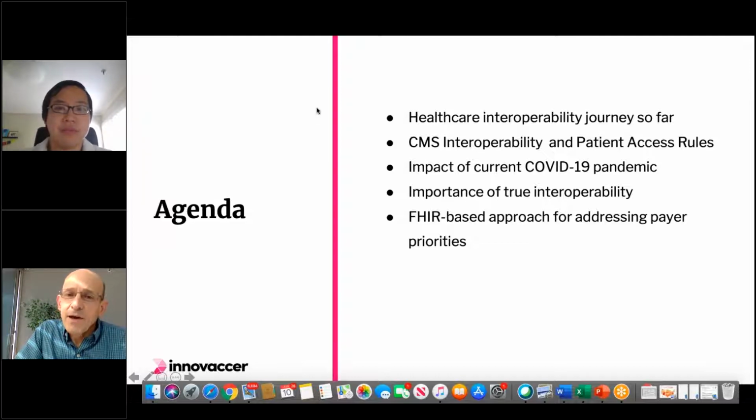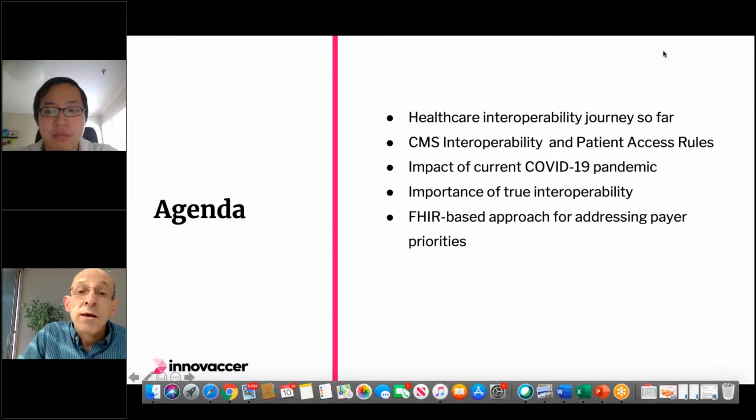We're going to talk about the impact of the current pandemic and how that's transforming healthcare and really highlighting issues around interoperability, and bringing us to this holy grail we've talked about for so long: what is the importance of true interoperability and how do we get there? And lastly, what is the role of FHIR, and particularly a FHIR-based approach for addressing priorities for different payer organizations as they try to meet the regulatory requirements in these rules and the changing healthcare environment.